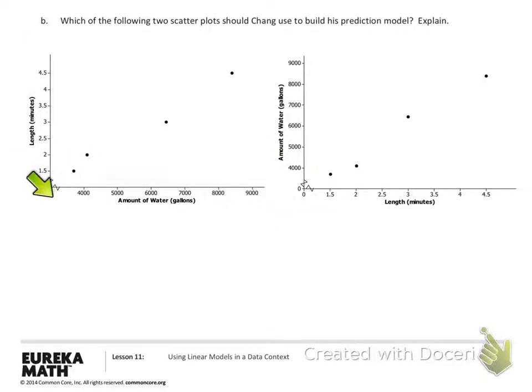In this first one, we have amount of water in gallons and length of eruption in minutes over here. And on this one, we have it the opposite way. So based on what we said about the variables, which one of these should Chang use to build his prediction model? Remember, he's predicting the amount of water based on the length of the eruption.